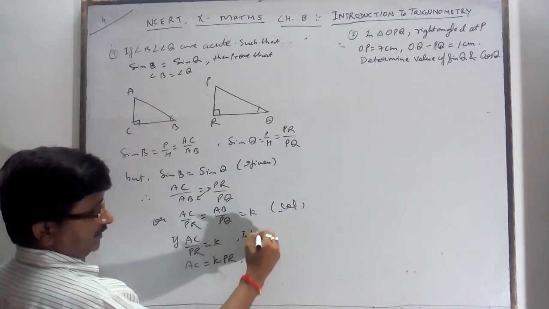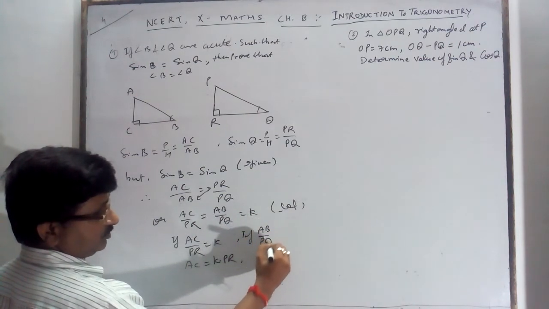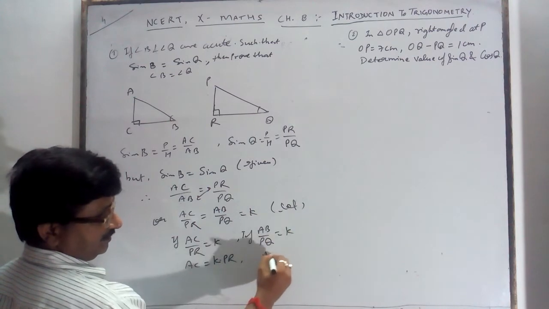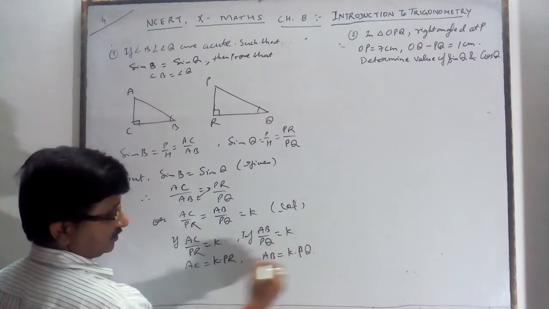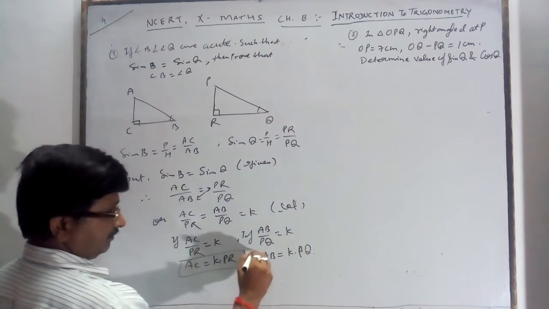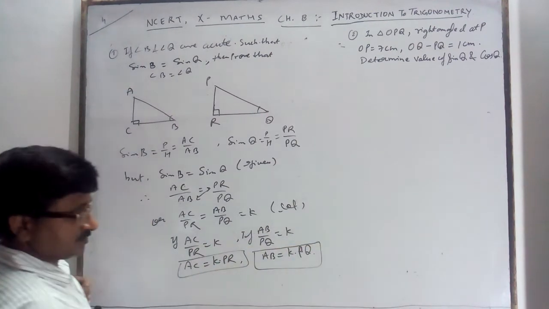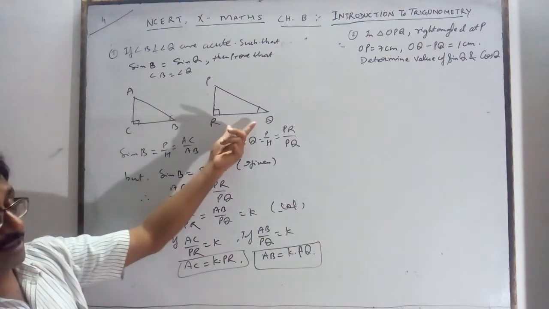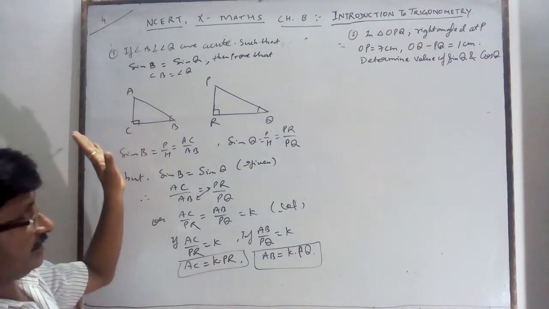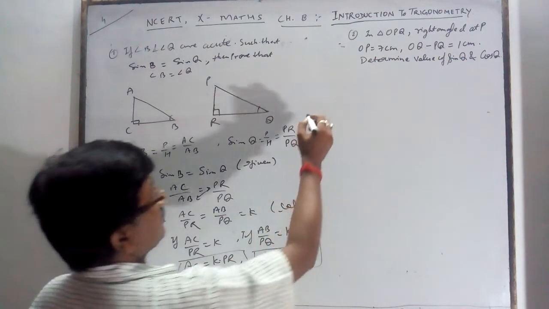If AB upon PQ is equal to K, then AB is equal to K into PQ. Now if BC upon QR is also equal, then we can get the similarity criterion.